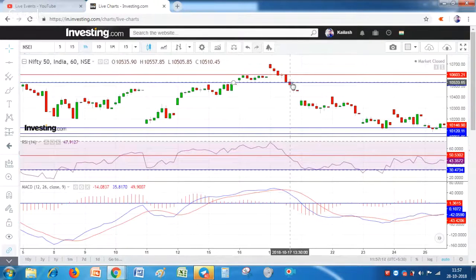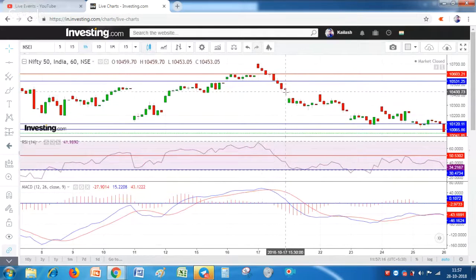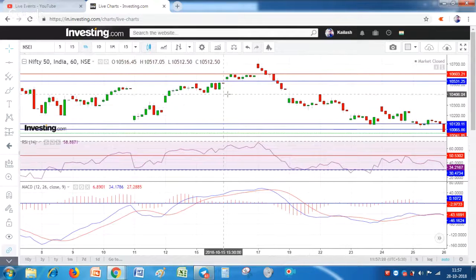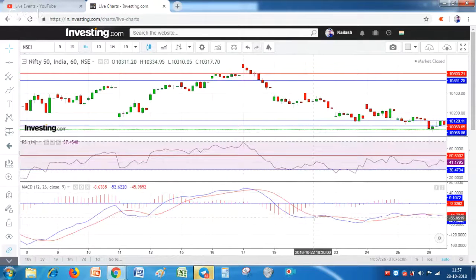We would have gone short at the 10,530 level, and the next day there was a gap down opening.